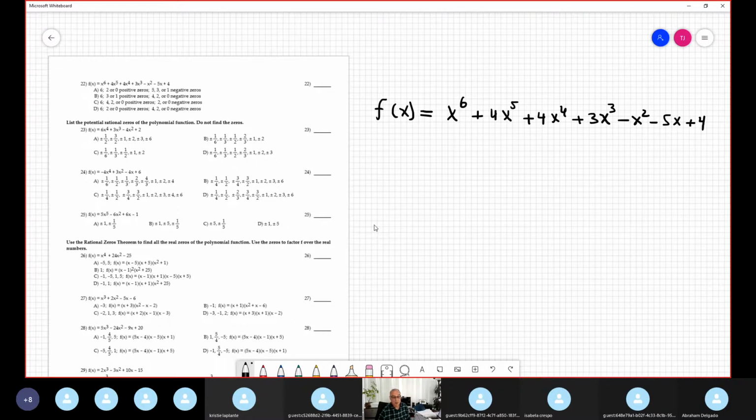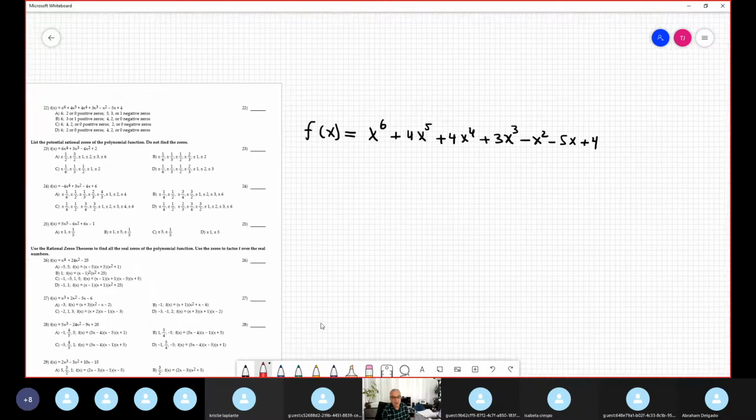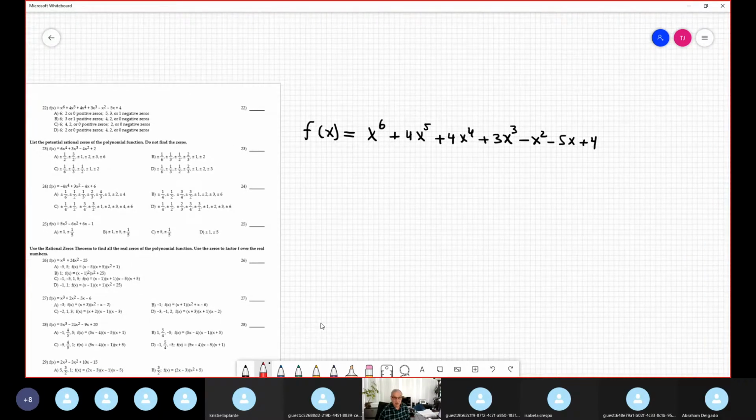Now let's analyze the sign changes to find the P value. P, capital P, represents the number of sign changes. This is positive, positive, positive, positive, positive. Oh, I discovered one here. This stays the same. And finally here, another. So P is 2. Therefore, the positive zeros number 2 or 0.